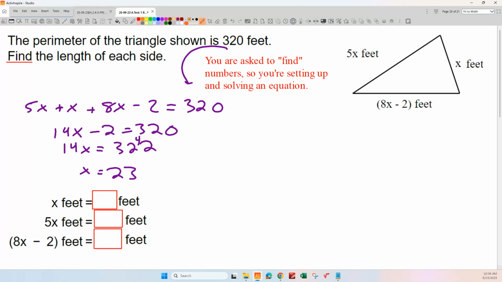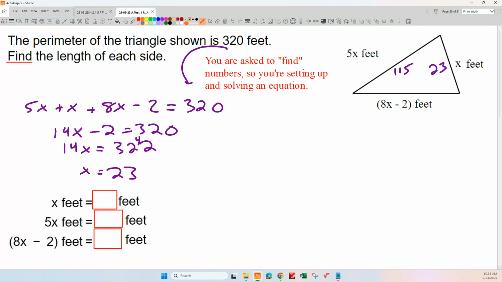So then I could just plug that in, right? That's going to give me 23 on that side. 5 times 23 is what? What's 5 times 20? There you go, 100. Plus 5 times 3 would give us 115. How about 8 times 23 minus 2?